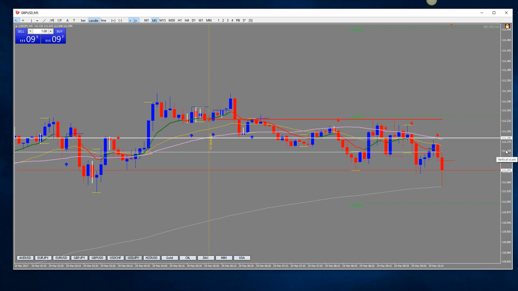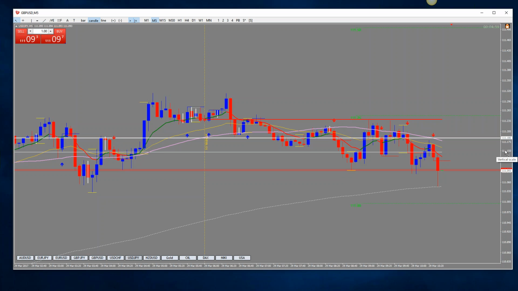If you don't hit your 40 pip target and you don't manually get out, then your trailing exit will get you out on an 8 pip or 10 pip retracement, basically. Exactly. So if it goes 10 pips in my favor, then it's a break-even trade. If it goes 15 pips, then I'll get my 5, and it continues. So that's how that all works.